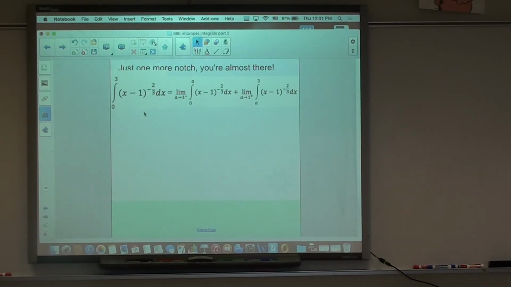When your limit value is approaching zero through the asymptote... No, because when you take the antiderivative, there's no more real asymptote.